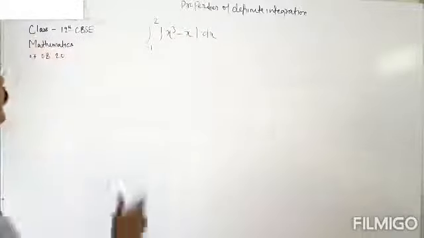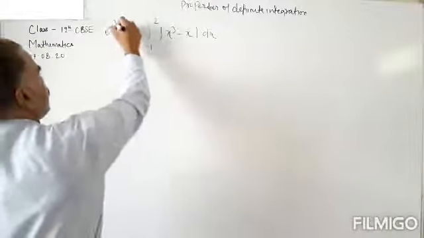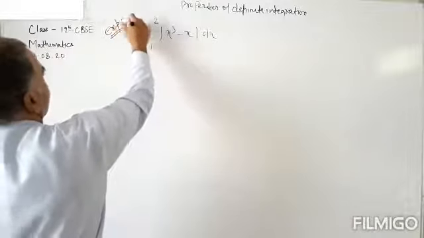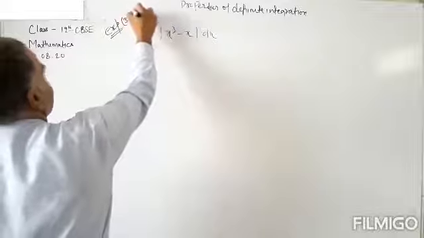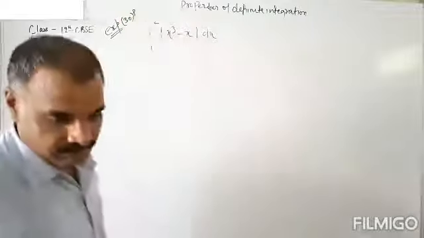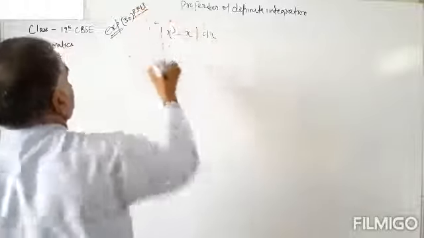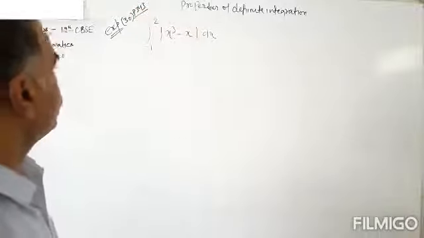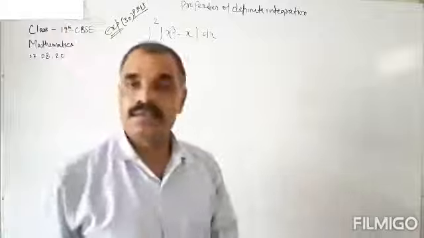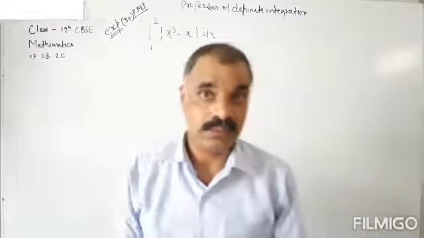Okay, this is the integration. That is example number 30, page number 343. So you have to integrate from minus 1 to 2 the modulus of x cube minus x dx.